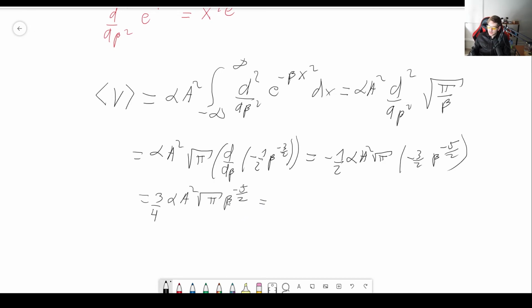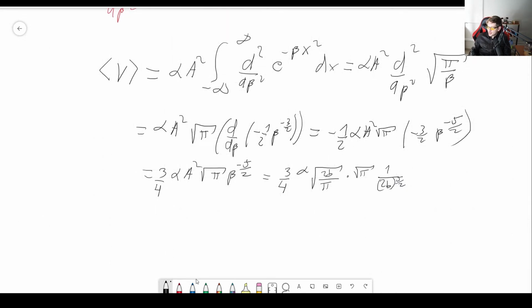Okay, now of course let's rewrite beta. It is 2b, so we get 3/4 alpha a squared square root of pi. Actually, let's plug in the value for a squared as well. So we know a squared is square root of 2b over pi, and then we get square root of pi, and then we have 1 over 2b to the 5/2. Okay, so here we can simplify a few things.